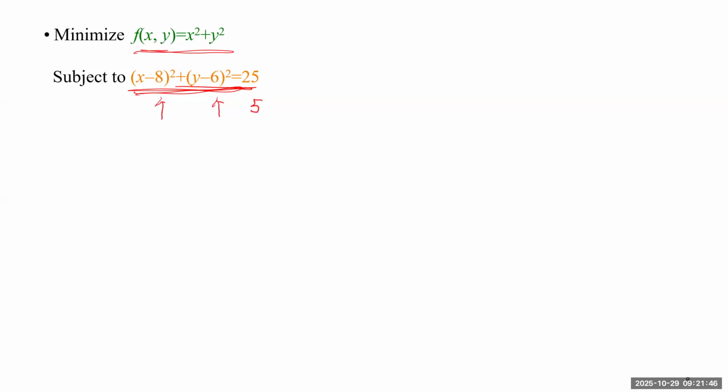So we want to stay on that circle, and we find the point closest to the origin. That will be the final solution for this problem. You can definitely solve this problem using your knowledge of geometry. You draw the circle, and by finding the distance, you can easily find where the distance is the smallest.